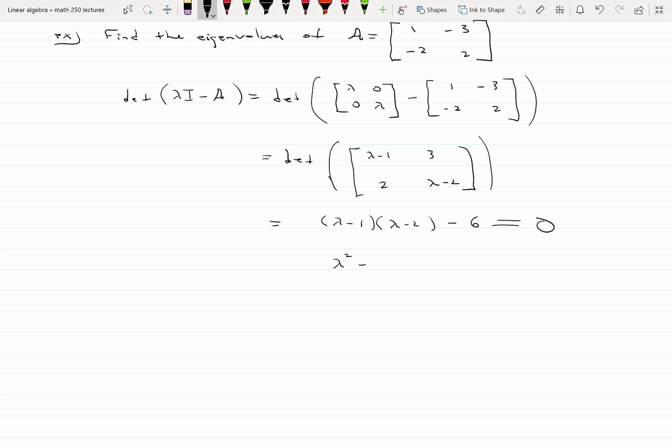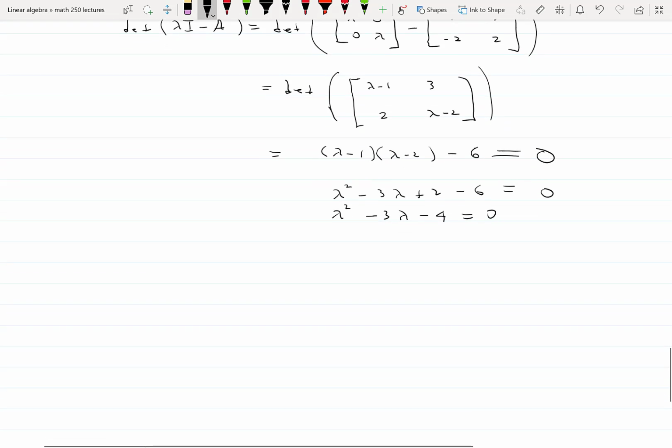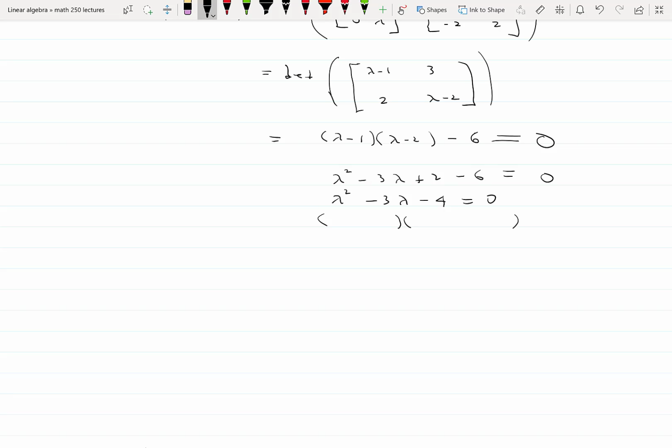We get lambda squared minus 3 lambda plus 2, and then minus 6 equals 0, or lambda squared minus 3 lambda minus 4 equals 0. It's not always the case that we can factor these, but in this case it is. So we get lambda minus 4 times lambda plus 1. Yeah, so we get 2 eigenvalues: lambda equals 4 and lambda equals negative 1.